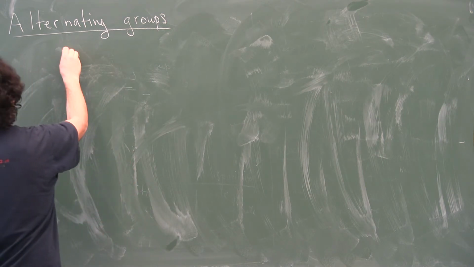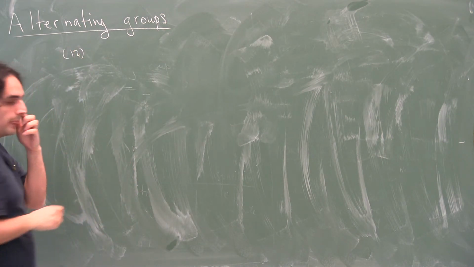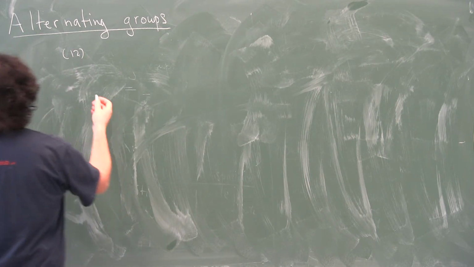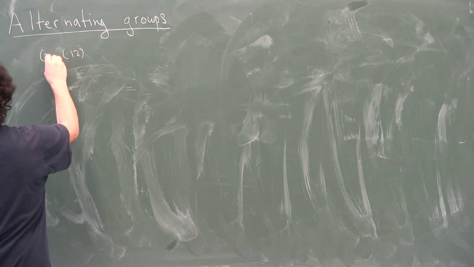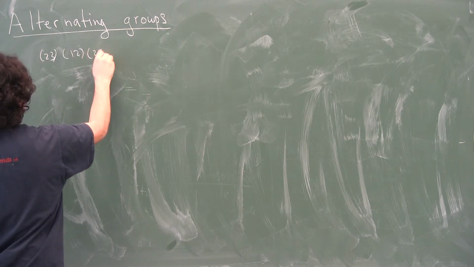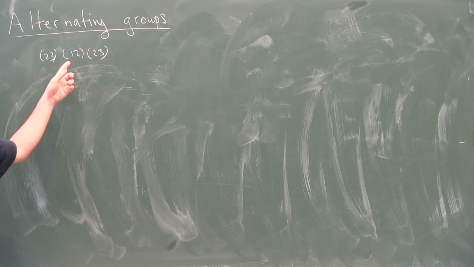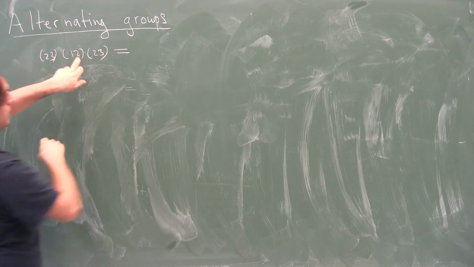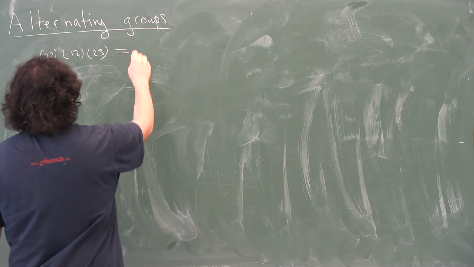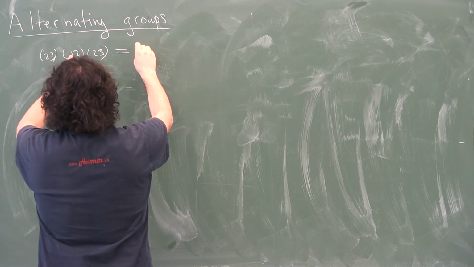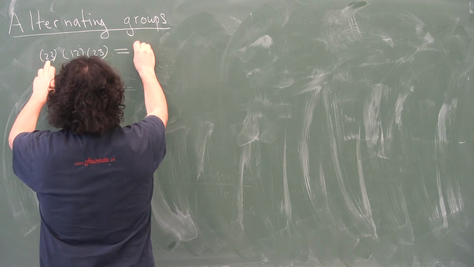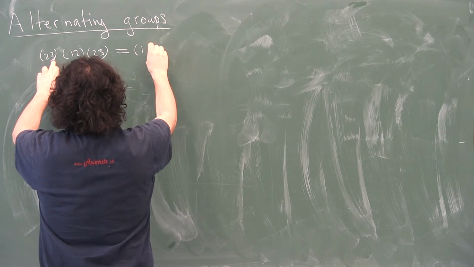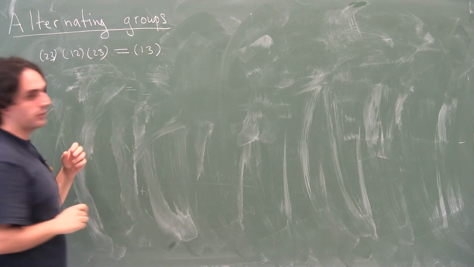So let's take our favorite transposition, (1 2), and now let's conjugate it by another transposition, (2 3). We know how to do this very well by now. We apply (2 3) inside to the (1 2). So we get 1, which is not affected, and then the 2 is mapped by (2 3) to 3. So we get (1 3).